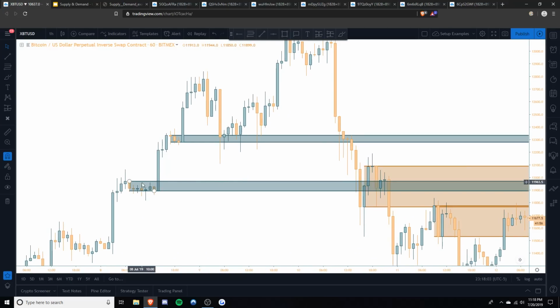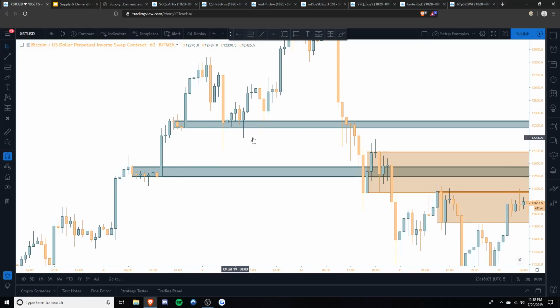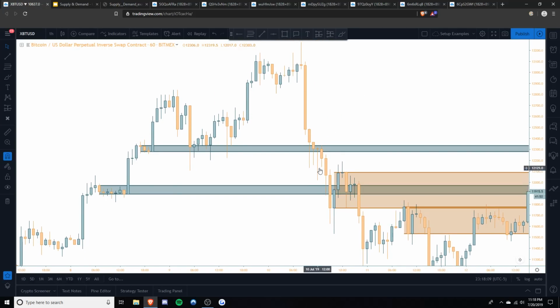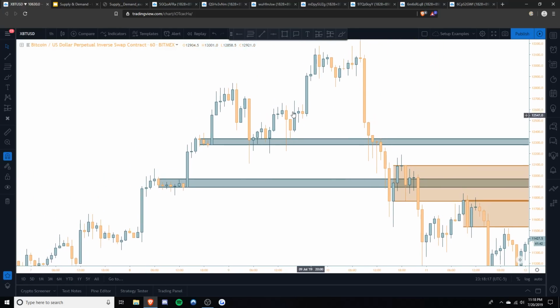You can see on this demand zone, so much selling pressure. We tapped into it, pushed a little bit higher, and then just kept selling off, closed below it. Let's see.